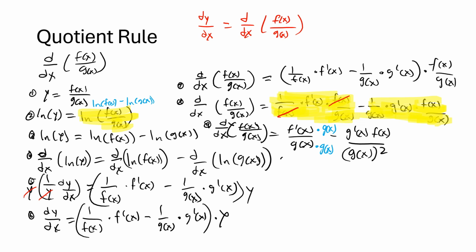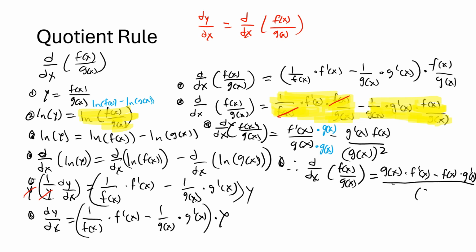So then our 10th step, we can just say that therefore the d/dx of f of x over g of x equals g of x times f prime of x minus f of x times g prime of x, over g of x squared.